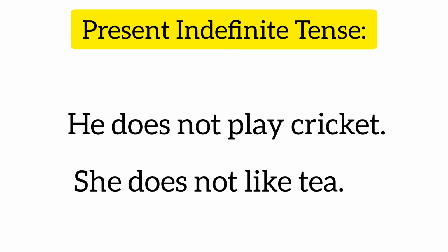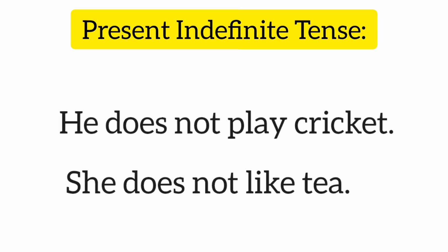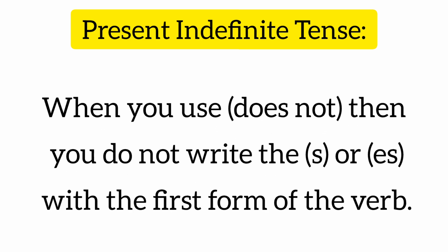Okay, in the second sentence, she does not like tea. The subject of the sentence is she, so we have to use the word does not here. Remember that when you use does not, then you do not write the s or es with the first form of the verb. Okay, I hope you may have understood it.